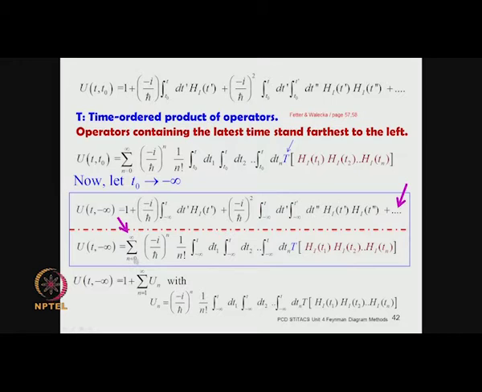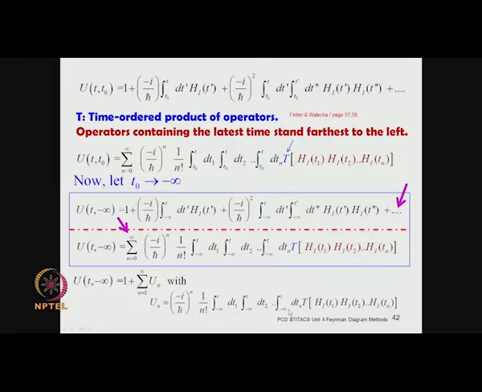So, here you have got the sum going from 0 through infinity. I factor out the term corresponding to n equal to 0, which is the unit operator, and the rest of the terms I bundle up together as sum over Un, n going from 1 to infinity instead of 0 to infinity, because the term corresponding to n equal to 0 is already factored out over here. So, you have got 1 plus this sum over Un, n going from 1 through infinity, and Un, this general expression, is what you have here, which is minus i over h cross to the power n, 1 over factorial n.